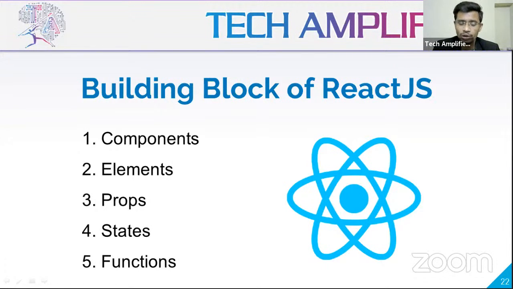React is all about components, but in order to render components, we need elements. An element is a small part of a component, and in order to pass data to the component, we need props and states. Functions are there in JavaScript as well, but we are also going to use functions to write our logical code. We will build logic inside a function over a period of time. So these are the 5 building blocks.